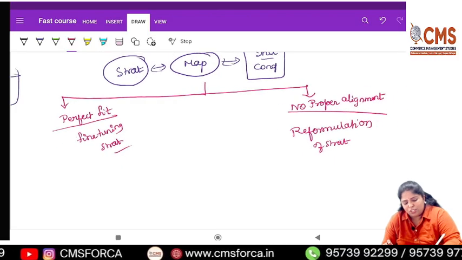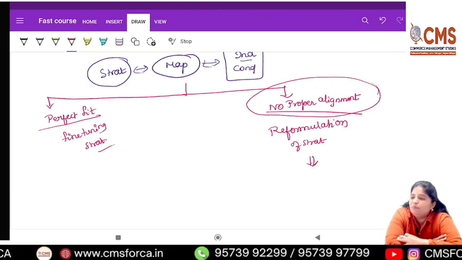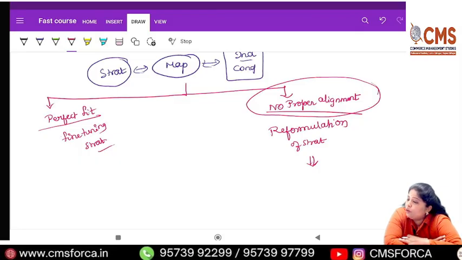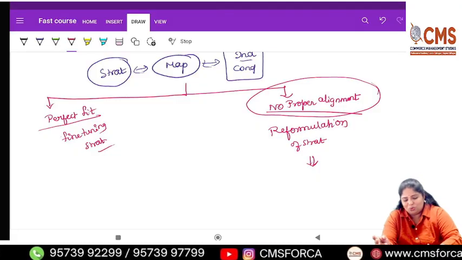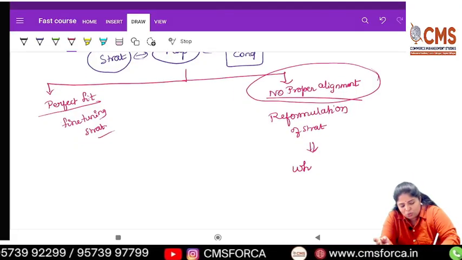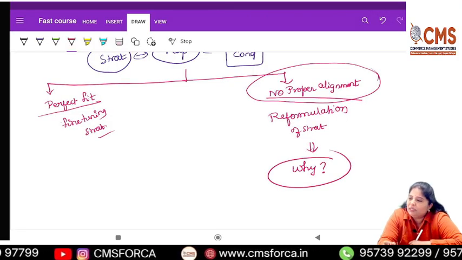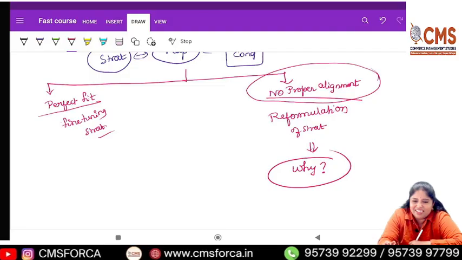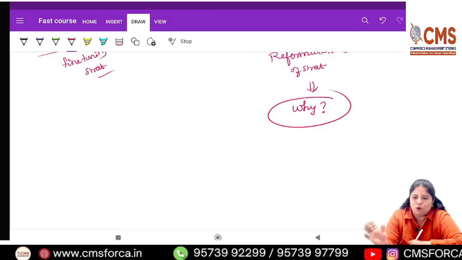Now, let's try to continue this further. Why is there no proper alignment? Why may a strategy not be aligning with industry conditions? I'm going by the question why. Why are you not seeing alignment between strategy and industry conditions? There might be two causes for this problem.